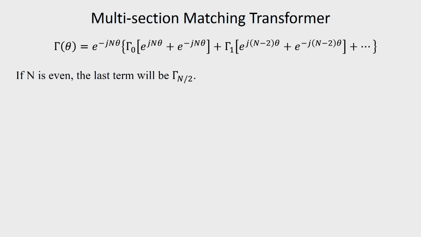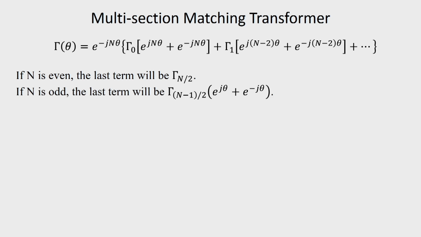Now, capital N can be even. In that case, the last term will be gamma capital N by 2. If capital N is odd, the last term will be gamma capital N minus 1 by 2 e to the power j theta plus e to the power minus j theta.